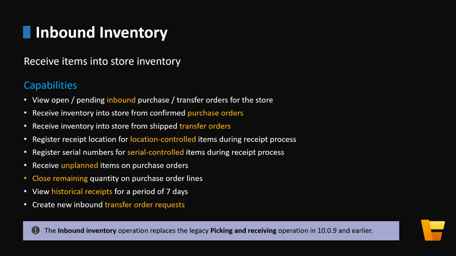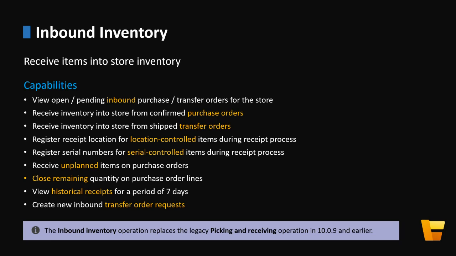During the receiving process, this operation allows you to specify receipt location for those location-controlled items and allow you to register serial numbers for those serial-controlled items. You can also receive unplanned items which were not originally on the purchase order, or to close the remaining quantity if the shipper or vendor has confirmed that they cannot ship the full quantity as requested.